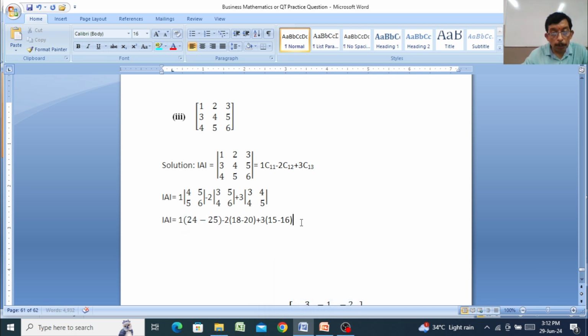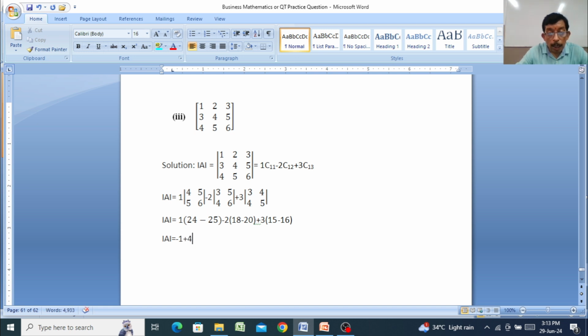The value is obtained by simplifying the equation. 24 minus 25, the answer is minus 1. 18 minus 20, the result is minus 2, and minus 2 multiplied by minus 2, the result is 4, plus 4.